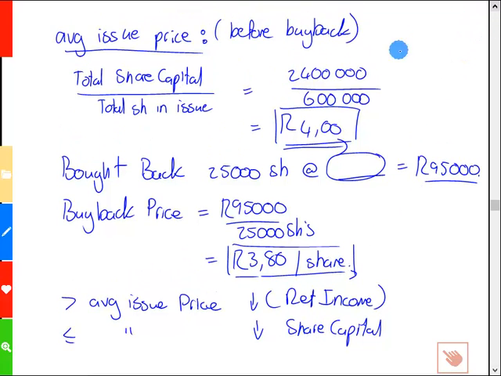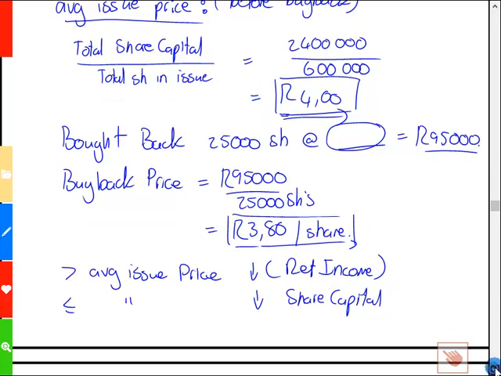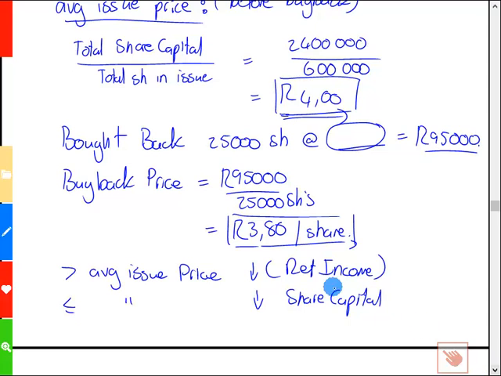Everything that went into share capital effectively went in there at the average price of 4 Rand. So we cannot take out more of share capital than what went in there. That's why we limited it to the average issue price.